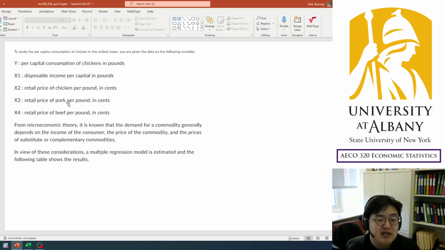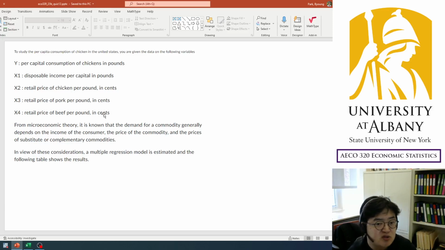But now what's interesting is pork and beef. When pork becomes more expensive, then those who used to consume pork will substitute chicken, right? If pork is getting expensive, people will reduce pork consumption.